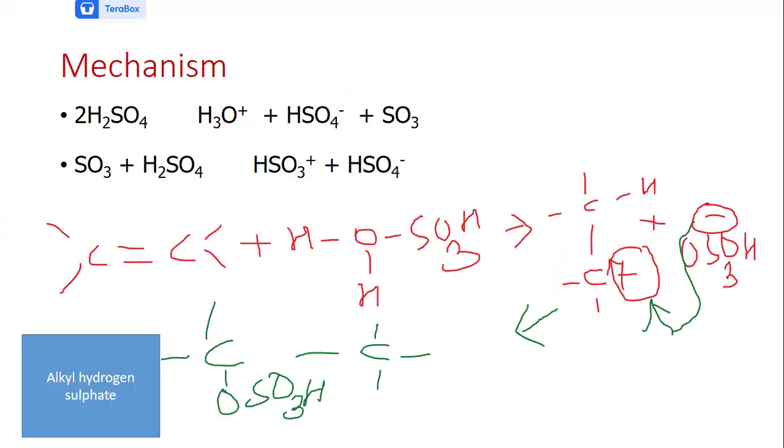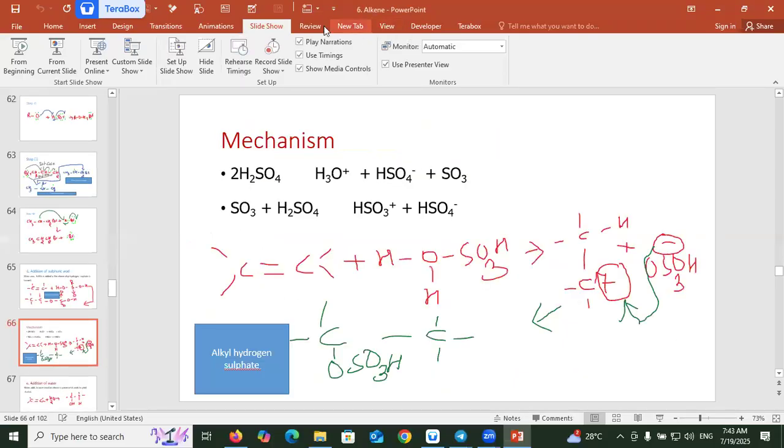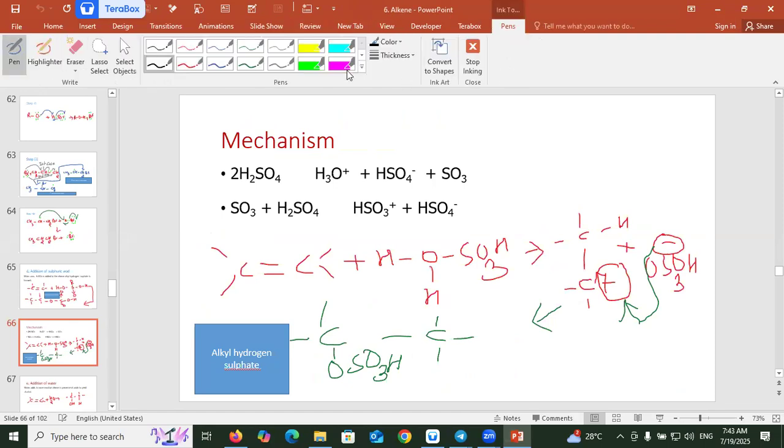Mechanism, first of all, sulfuric acid breaks down into hydronium, water, and hydrogen sulfate ion, and sulfur trioxide, SO3. And this SO3 reacts with sulfuric acid and produces the sulfonic part and hydrogen sulfate.